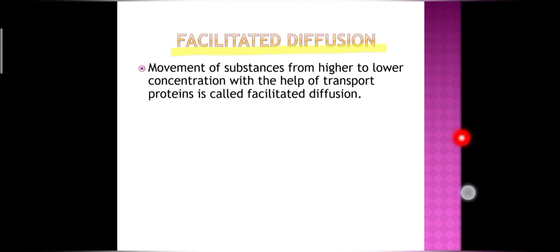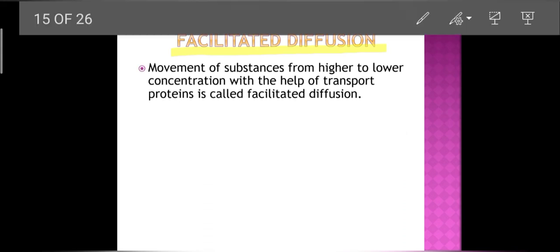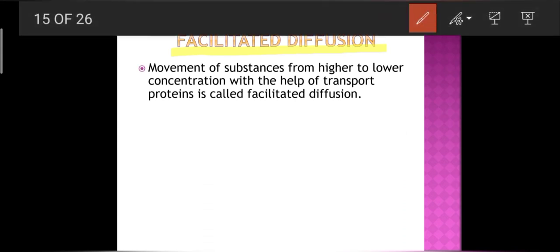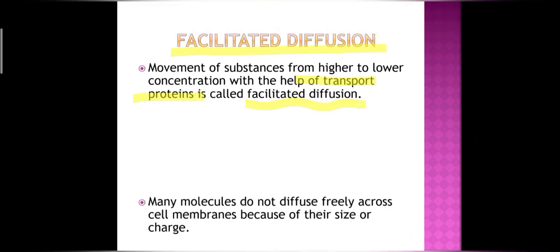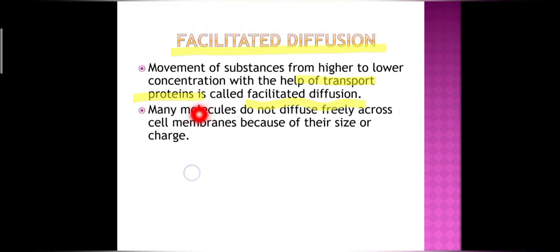What is facilitated diffusion? Facilitated diffusion is the movement of substances from higher to lower concentration with the help of transport proteins, which are also known as carrier proteins. Many molecules do not diffuse freely across the cell membrane because of their size and charge.